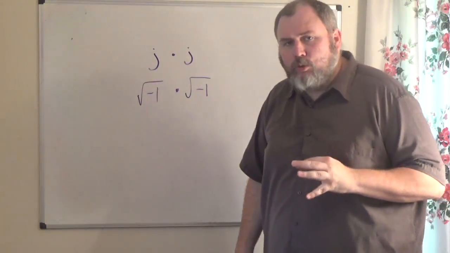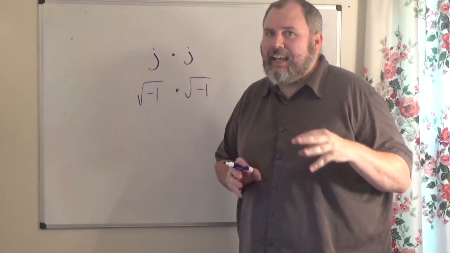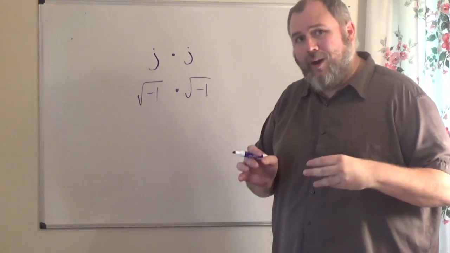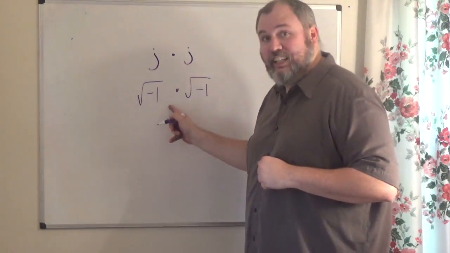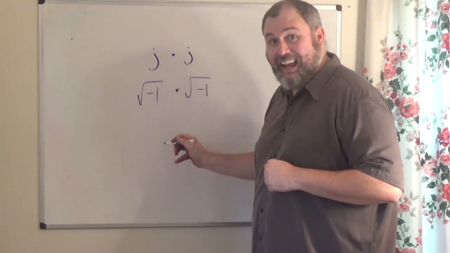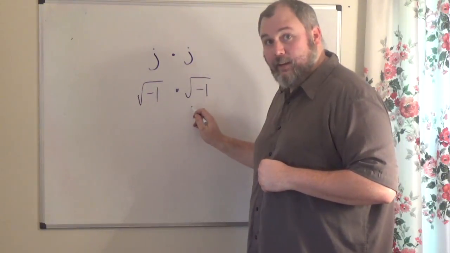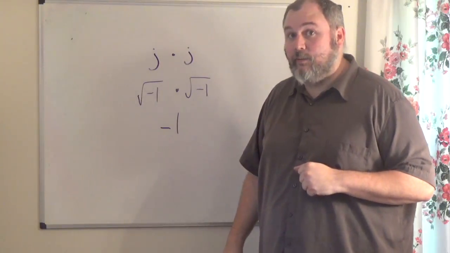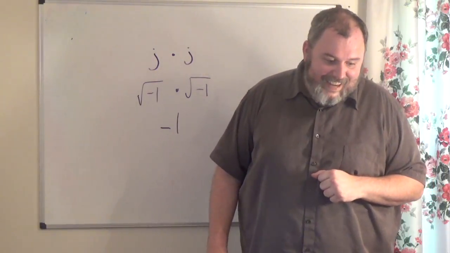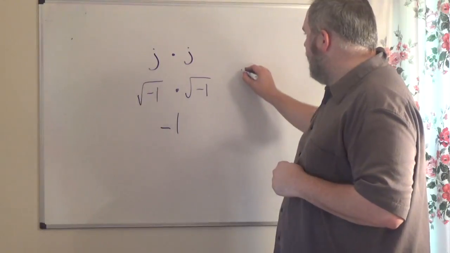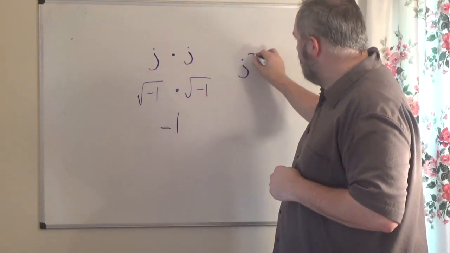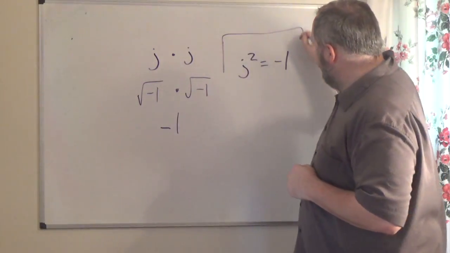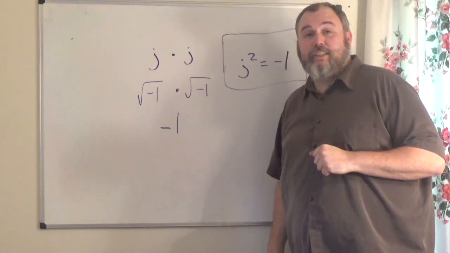I've told you this before: if I take a square root and multiply it by itself, what I have is what's actually under the radical sign, or the radicand. So the square root of negative 1 times the square root of negative 1 is equal to just negative 1. So what we say is that j squared is equal to negative 1. This is a key rule when working with imaginary numbers.